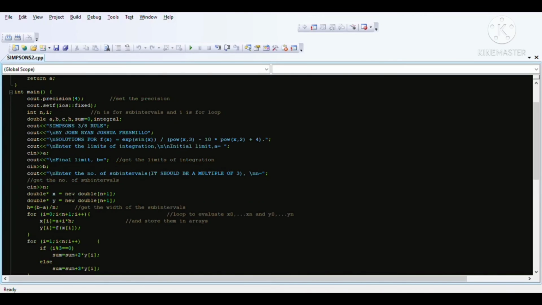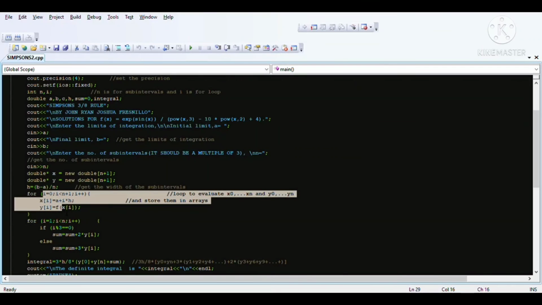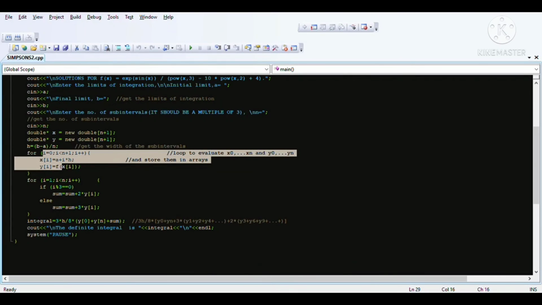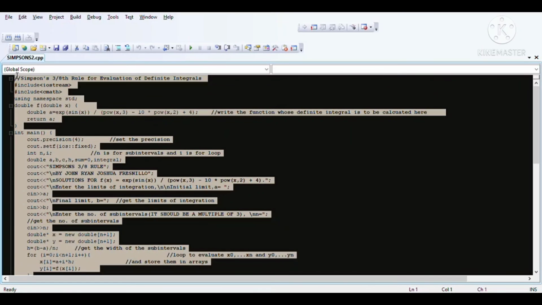Then double h; this is the formula for our h. This is my program code for Simpson's 3/8 rule example, using the given problem that we used in the Excel.